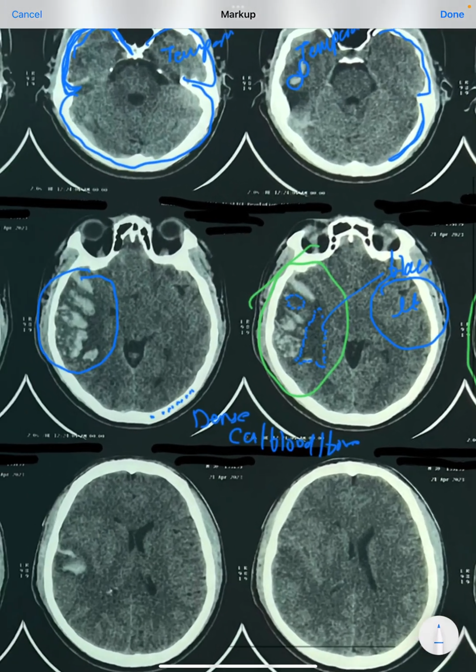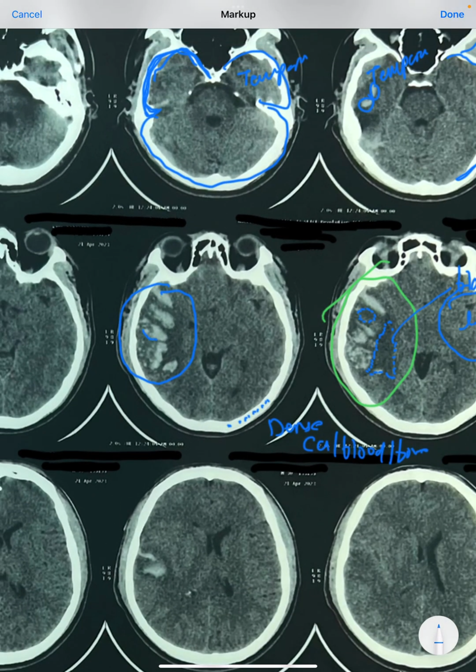So this dense white structure, a hyperdensity, is all blood, and there is patchy bleeding. One must think the differential diagnosis can be a hypertension related bleed. Now, for hypertension related bleeding, the most common sites are PTPC.